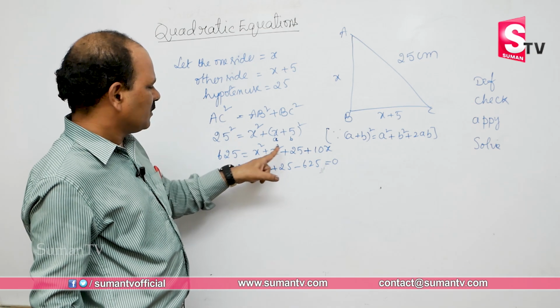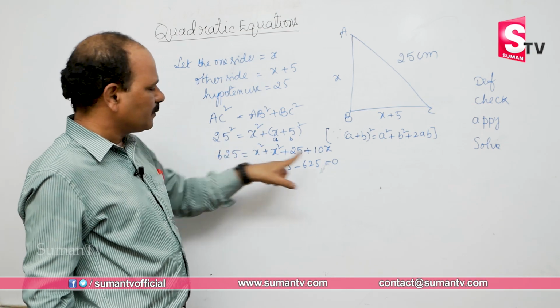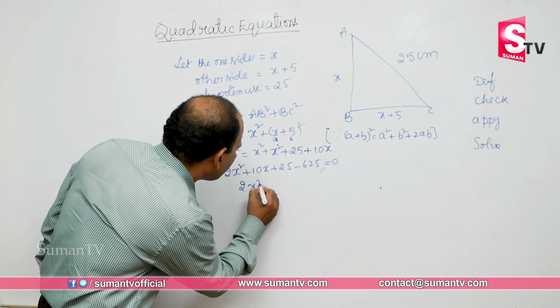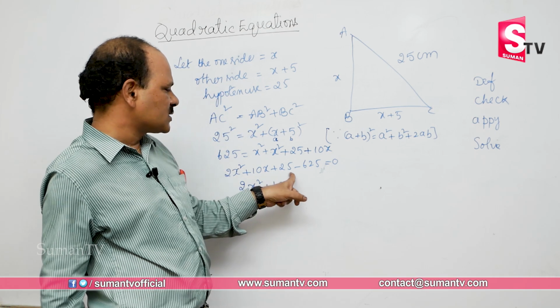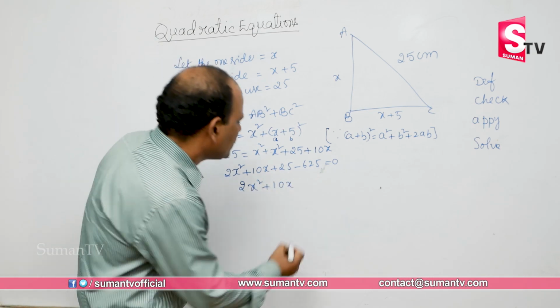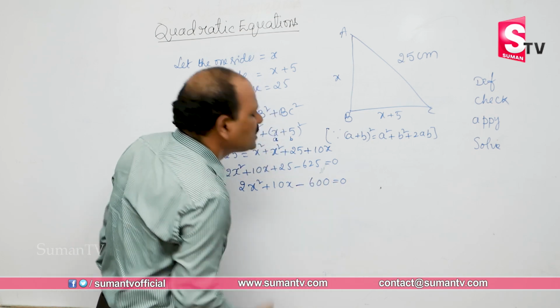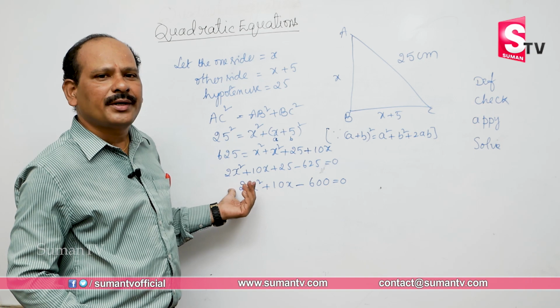After this is sent to the right side, here it will be 0. So I kept this 0 on the right side. Now 2x square plus 10x, 25 minus 625, that is minus 600, is equal to 0. Now we reached the quadratic equation form.